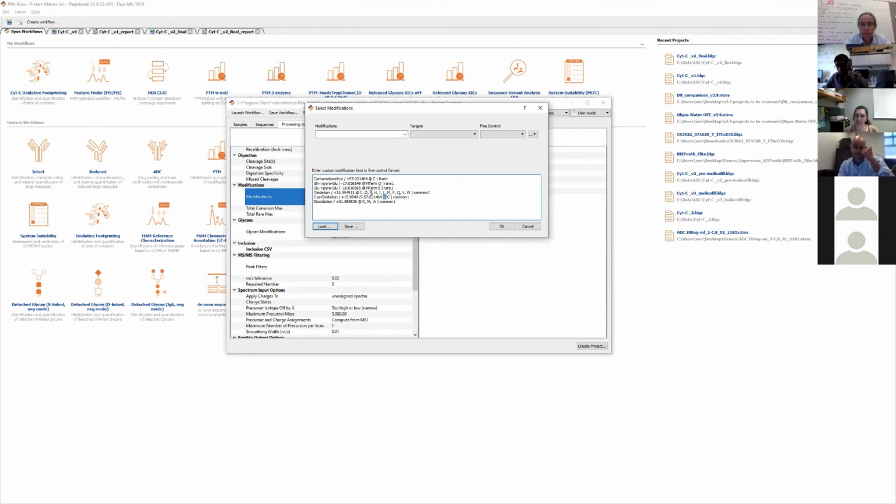We have oxidation. We're looking at oxidation on several different residues, and you can keep adding to this. If you want to add alanine, just add alanine. But we are also looking at proteins that may have an N-term pyroQ, and if that happens, it's typically almost 100%.